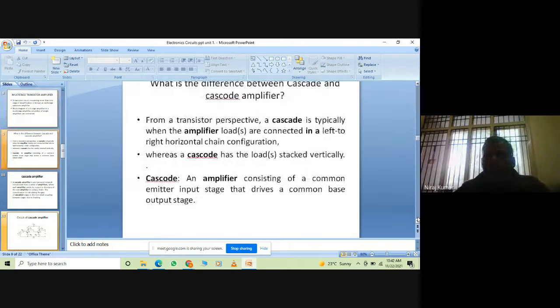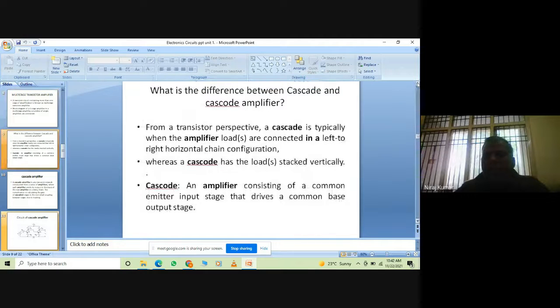What is the difference between cascade and cascode amplifier? Before starting this topic, I can discuss it with you. First is the difference between cascade and cascode amplifier. What is the cascade amplifier?